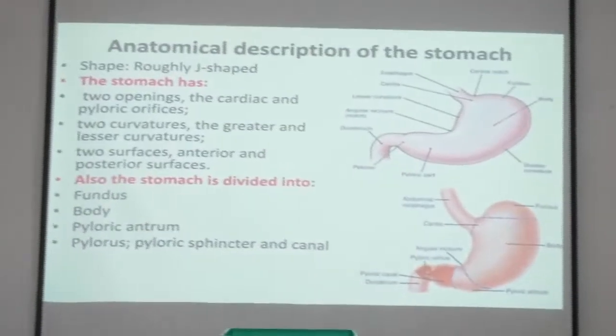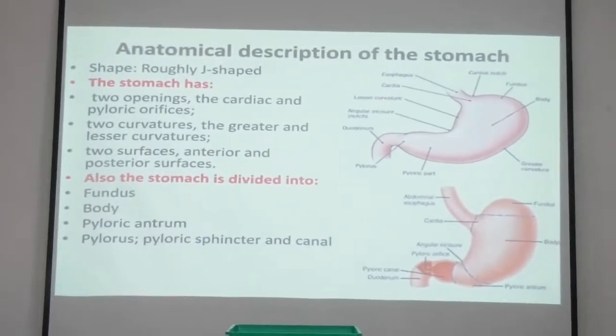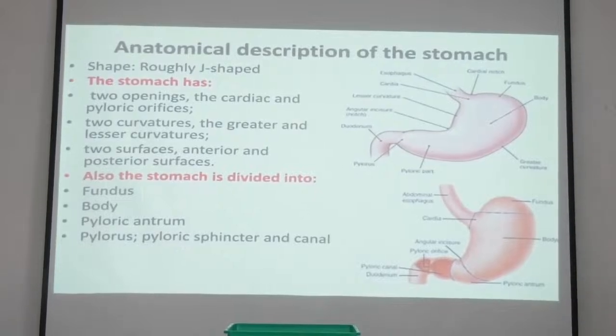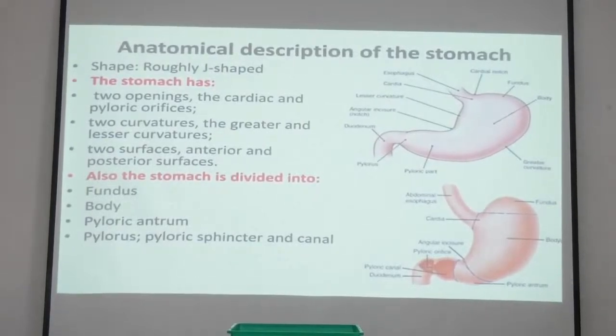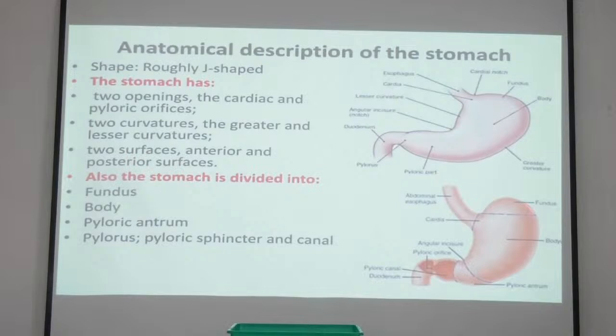Two surfaces are the anterior and posterior surface, or you can say antero-superior surface and postero-inferior surface. These are the presenting parts of the stomach. Stomach is divided into the following parts. Fundus, above the transverse line passing through the cardiac end. This distended part is the fundus.